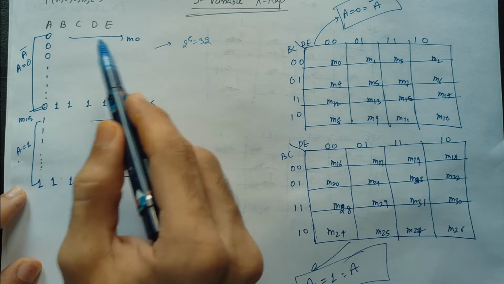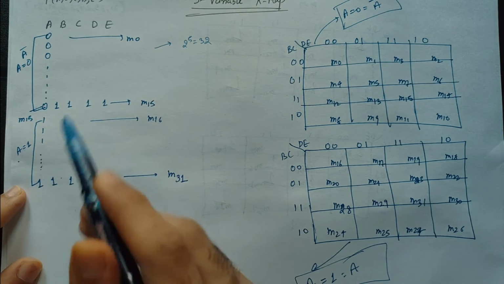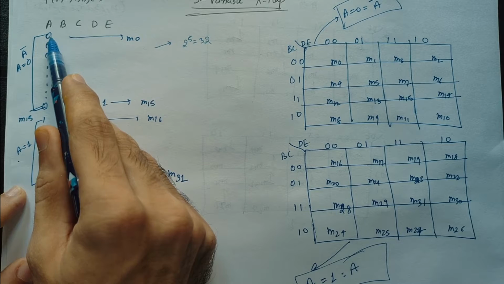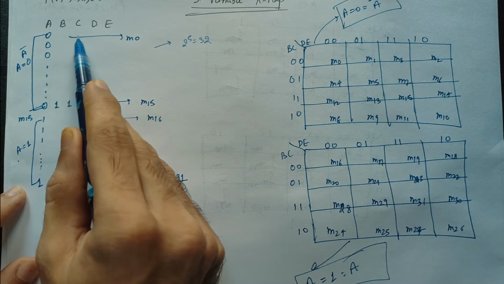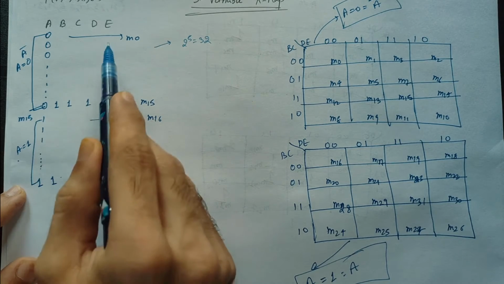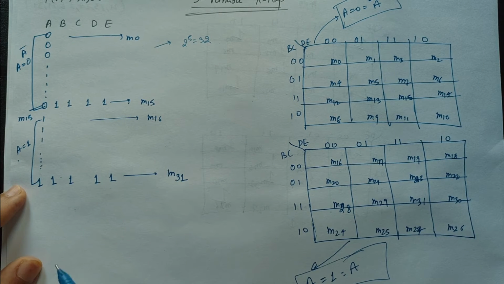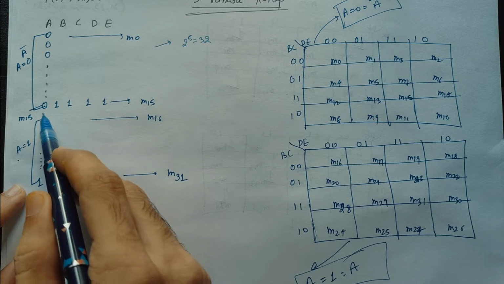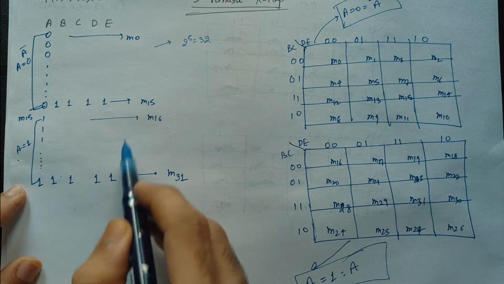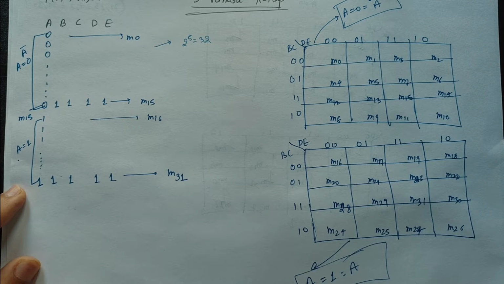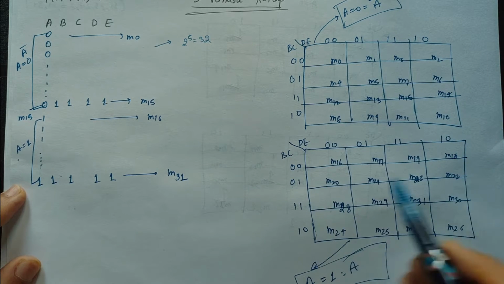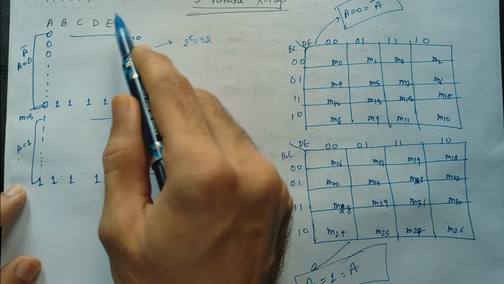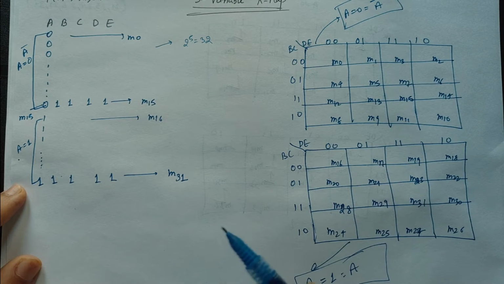So we can see from M0 to M15, A is 0 while the B, C, D, E combination changes, and in the next 16 minterms A would be 1 and the B, C, D, E combination would be different. So what we can do is draw two 4 variable K-maps for B, C, D, E, like we used to do earlier.